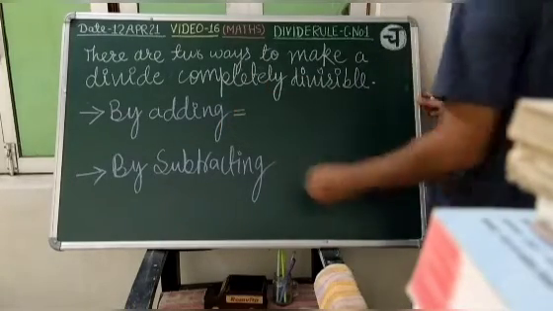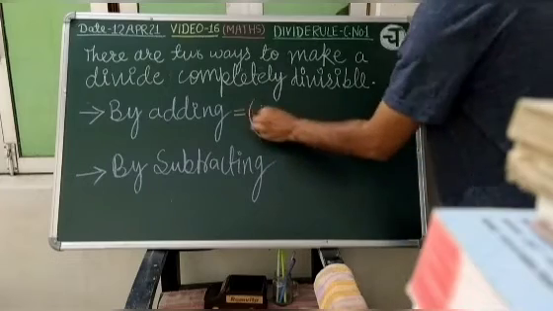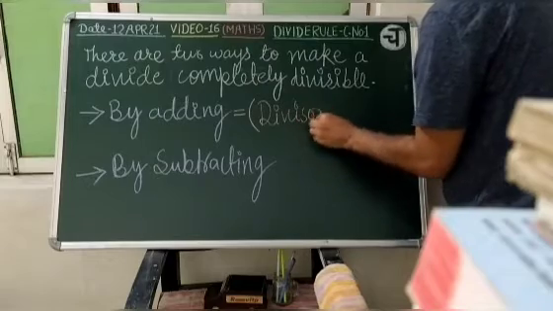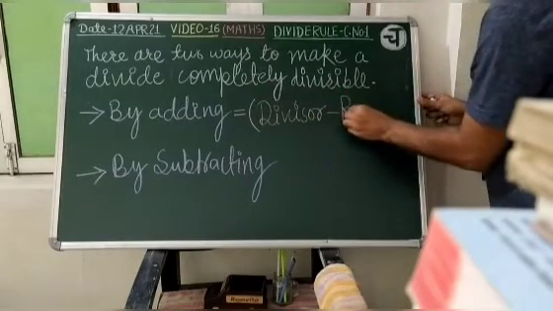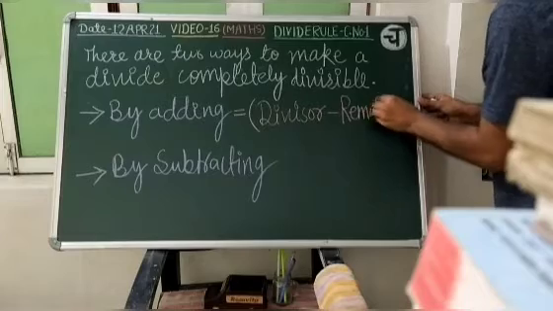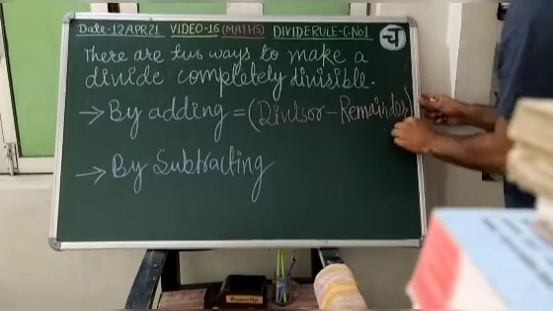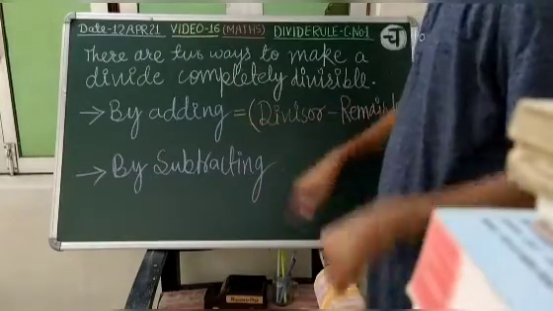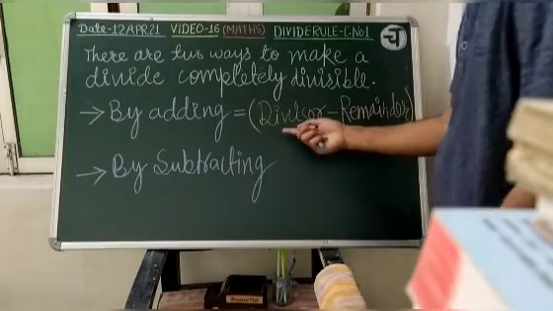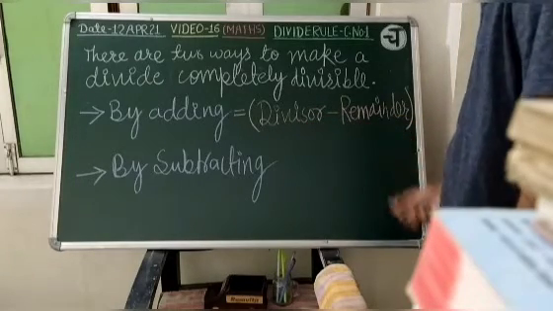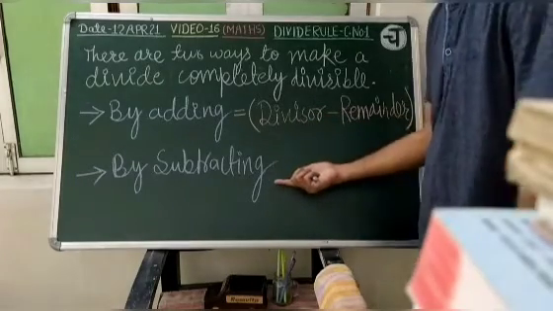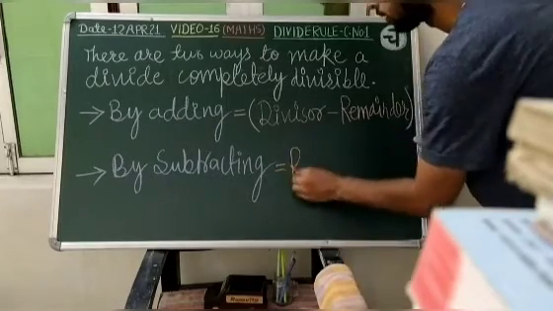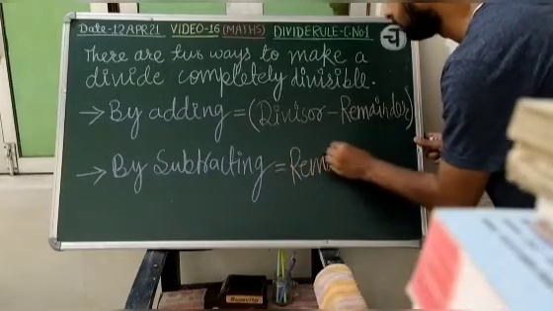We add divisor minus remainder. In the adding rule, we will add a number, and that number will be divisor minus remainder. And in the subtracting rule, we will subtract a number, and that number will be equal to the remainder.